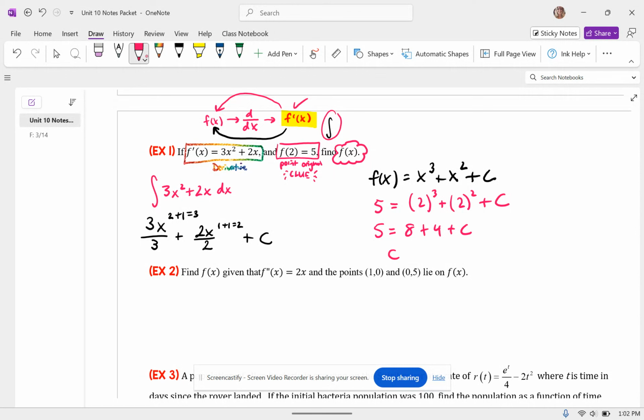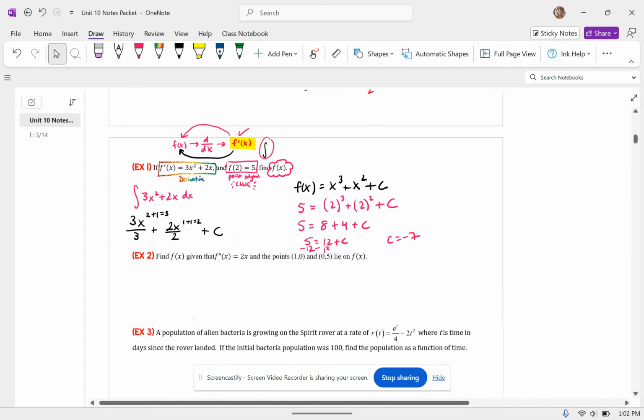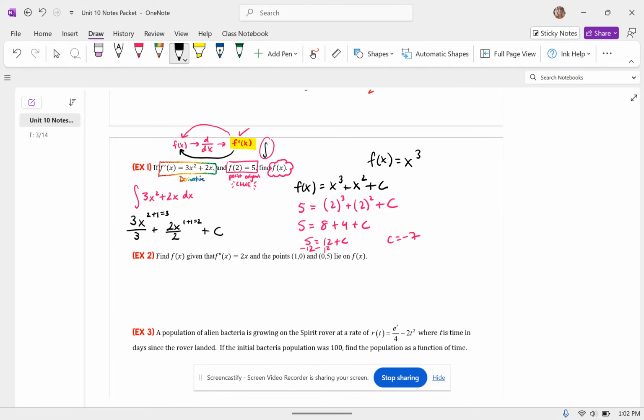Okay. Yay! So then now, don't forget that you need to put the constant in there. And then you have the original, okay? All right.